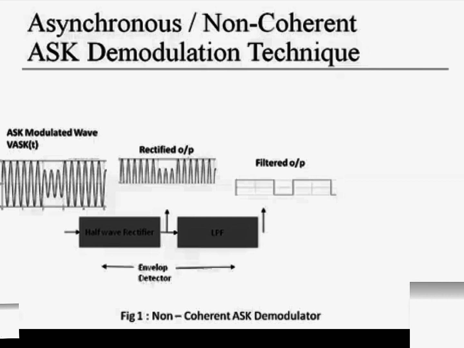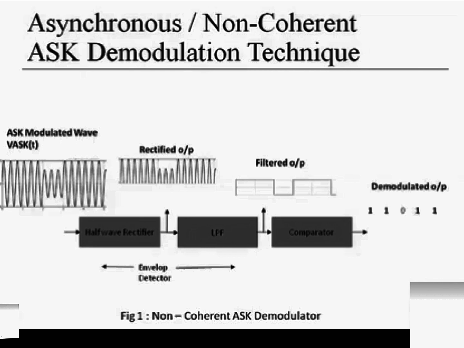This combination of a rectifier and a low pass filter circuit is also called an envelope detector. As the filtered output consists of only two voltage levels, a simple voltage comparator is used to identify a bit 1 or 0. For this, the reference voltage for the comparator is set between the two voltage levels of the filtered signal.